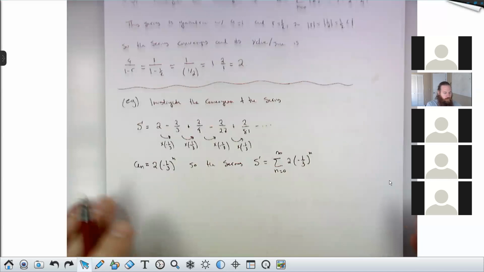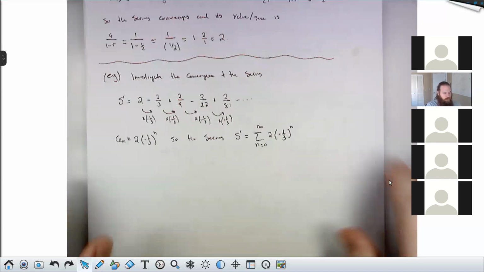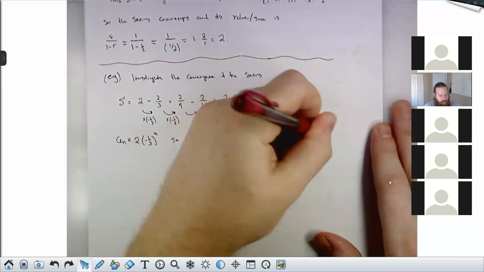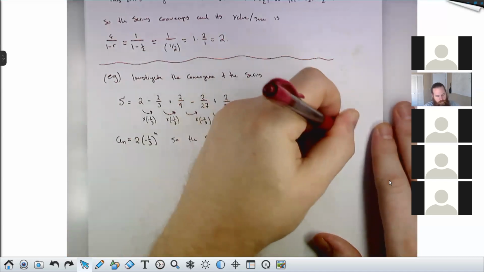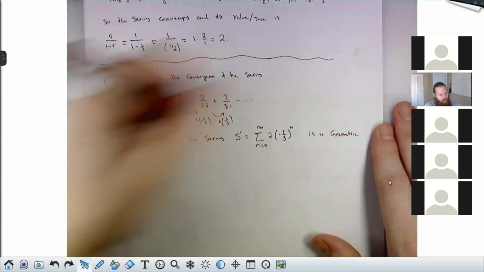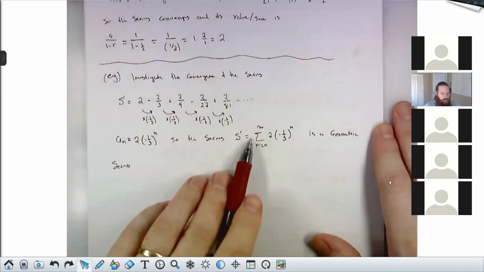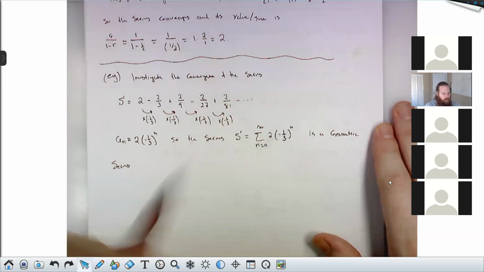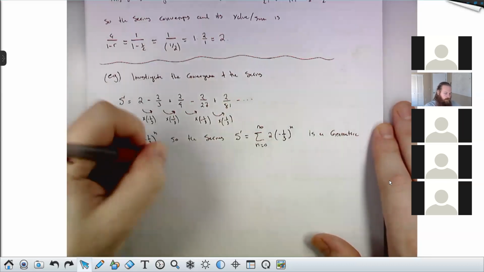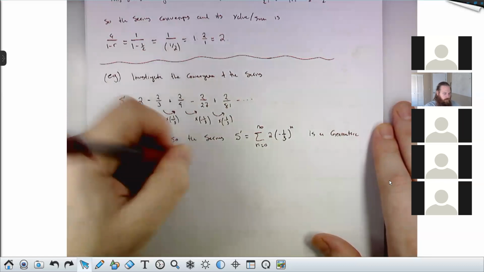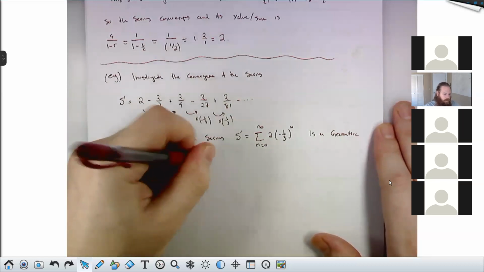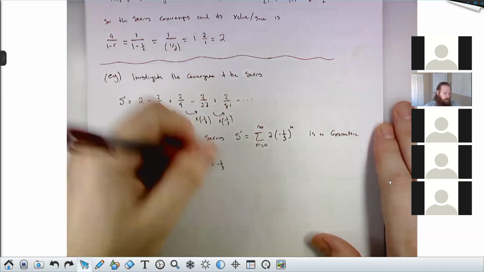And now that I have this thing in sigma notation, I can say this is a geometric series, because it definitely fits that form, sigma a times r to the n. So here a, the constant, is 2, and r is negative 1/3.